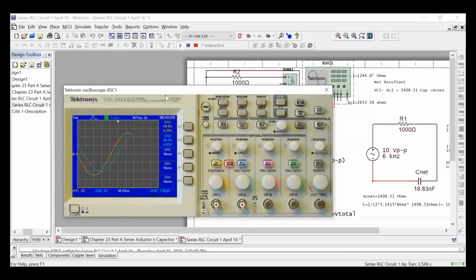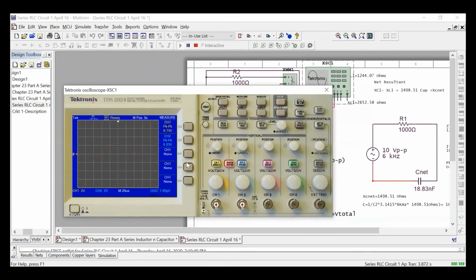So if I do the math on here, channel 1 from channel 2, let's do that. Both these are set voltages. We're getting approximately 2 point something.